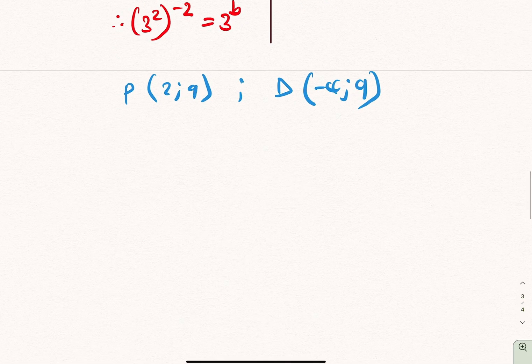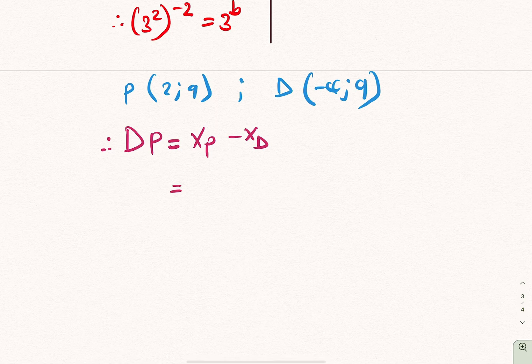Therefore, the length of DP, like I said to you, is equal to x_P minus x_D. It is the horizontal length. You must study the length of functions. So now you're going to get the x at P, that is 2, minus the x at D, that is negative 4. And as a result, you're going to get a positive 6.